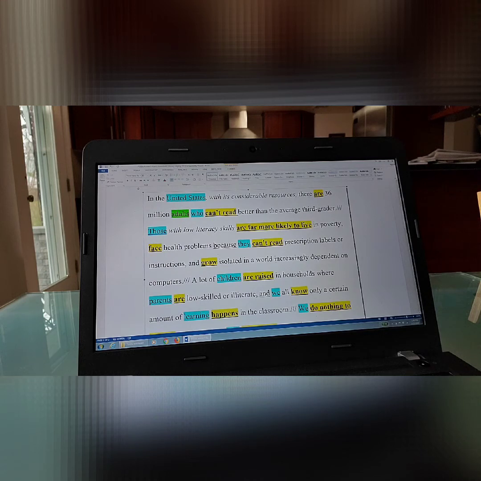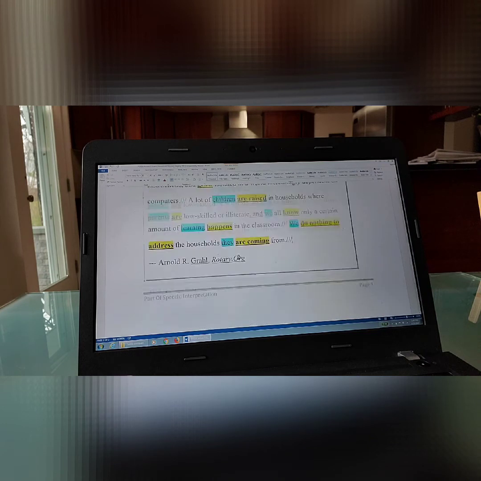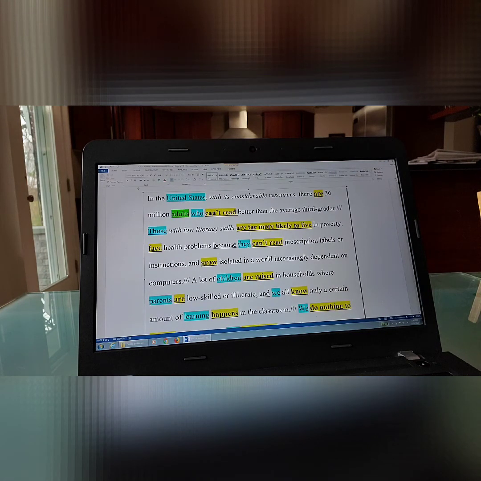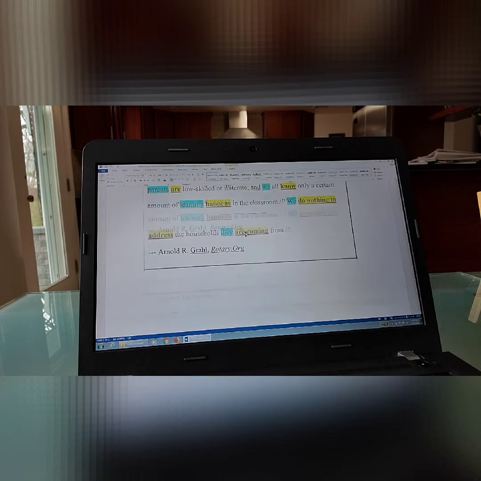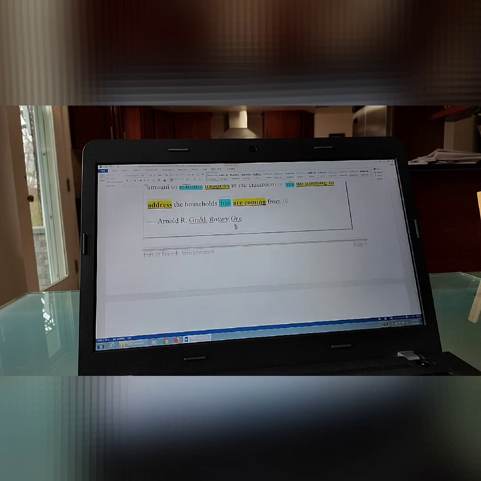You're saying, okay, I have a verb there and a verb there, so these are the two actions, the two details I'm going to put in. Then, second sentence, I have a verb here, here, here, here. That's 4, so these are the 4 things I'm going to put down in interpretation number 2.